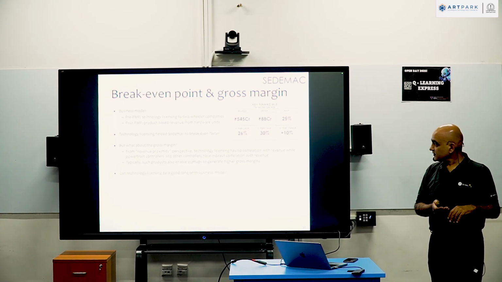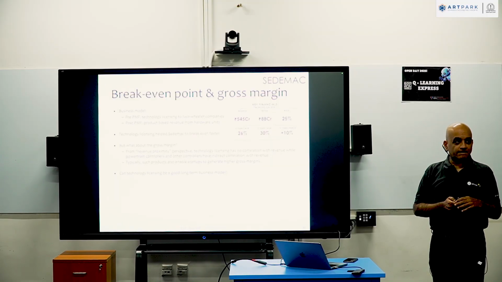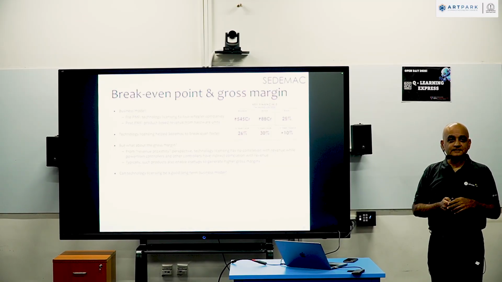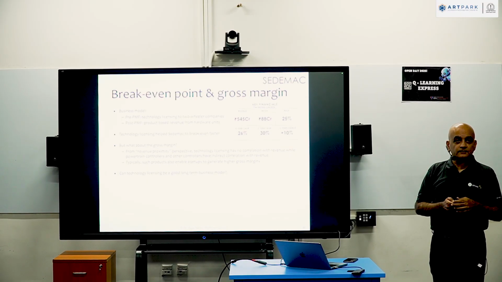So the question becomes, can technology licensing ever be used? Just to start off, any other guesses? Will it ever be useful? ARM is the only example. Wonderful. One is in the case of AI, where the data comes in and helps you improve the performance.